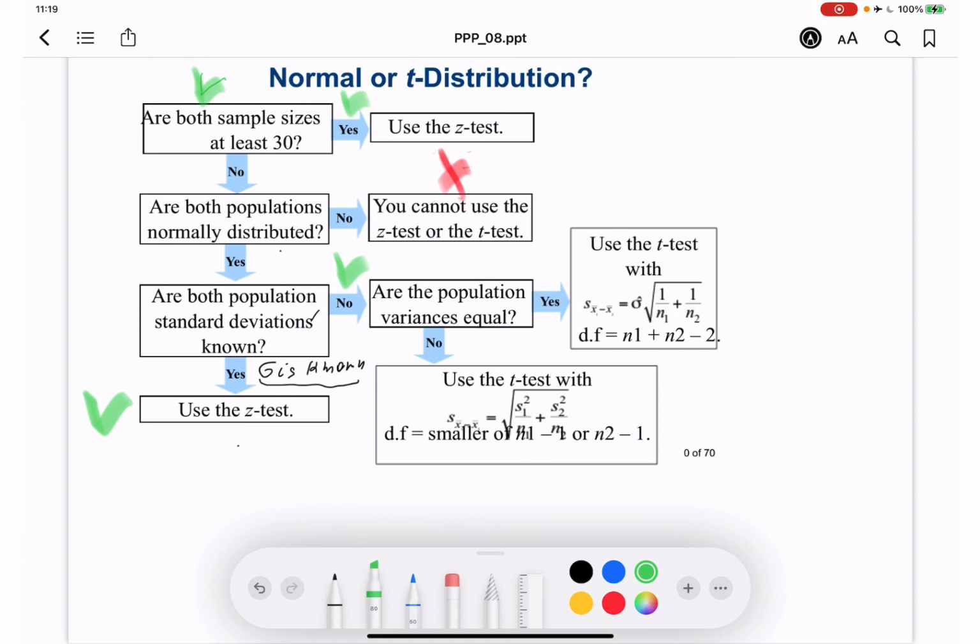If standard deviation is not known, then we're going to find out from the word problem if variance is equal or not equal. If it's equal, we are going to use these formulas. If it's not equal, then we are going to use these formulas. All right? Okay.